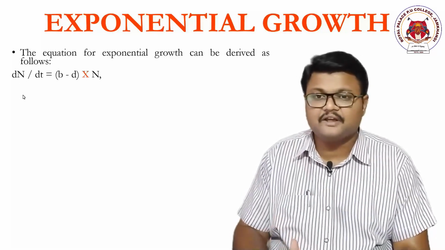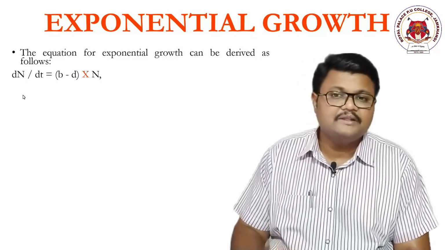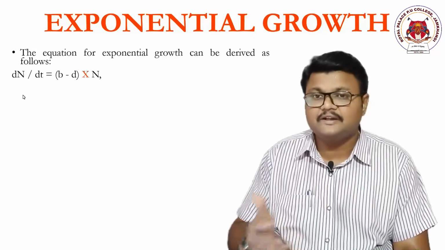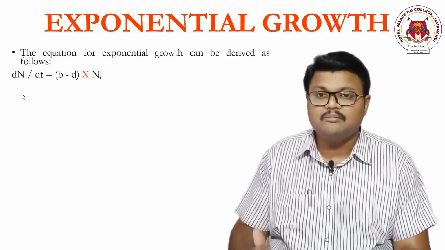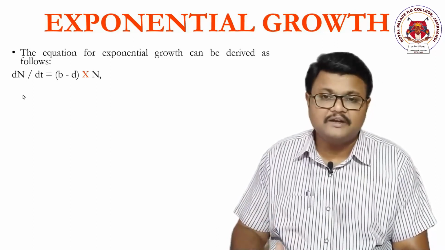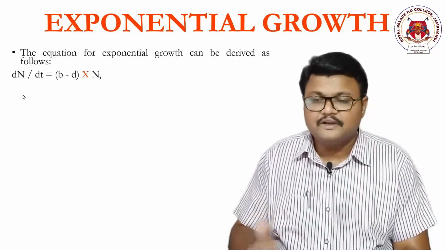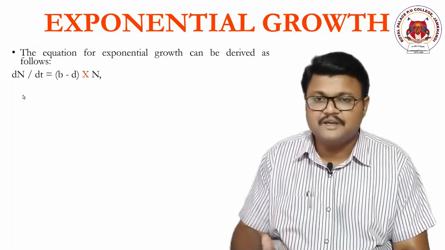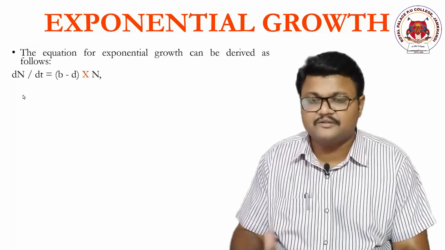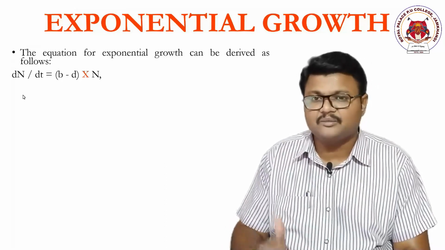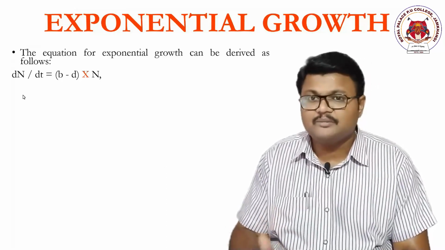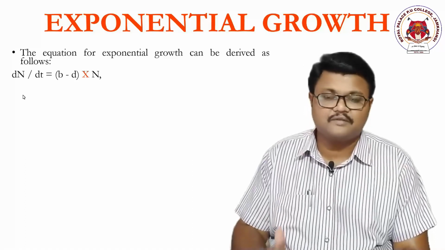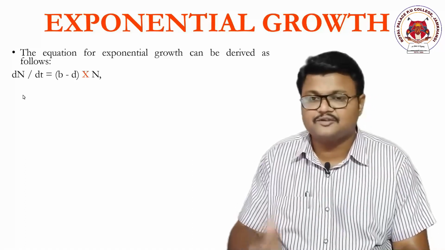In the exponential growth model, this is directly proportional to the number of births minus the number of deaths. We write it as b minus d, wherein b is the number of births and d is the number of deaths, and it is multiplied with the total number of organisms present at that situation.